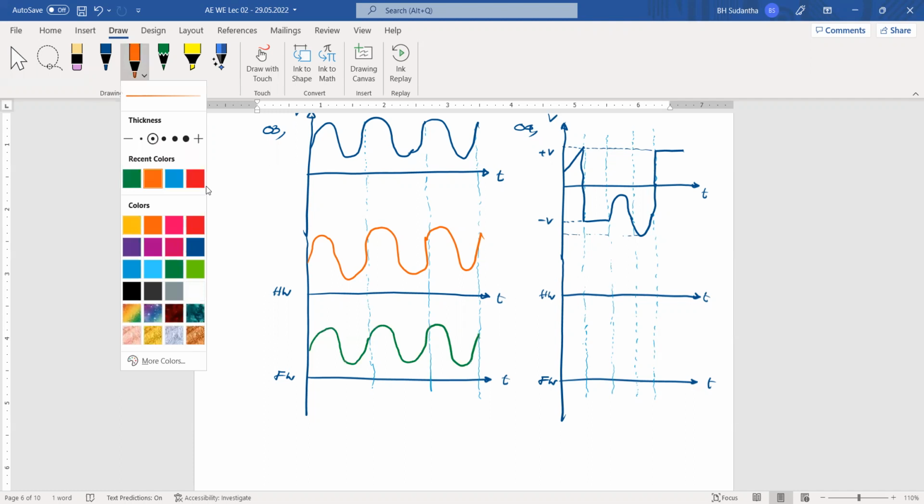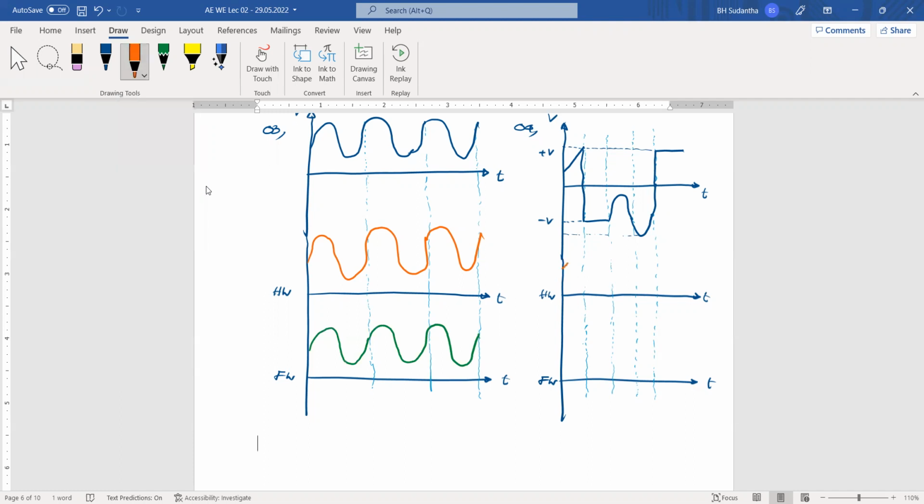For this half wave one, whatever we have on the positive side will be there. And during this part, there is no output voltage, but after that, here we have output voltage.